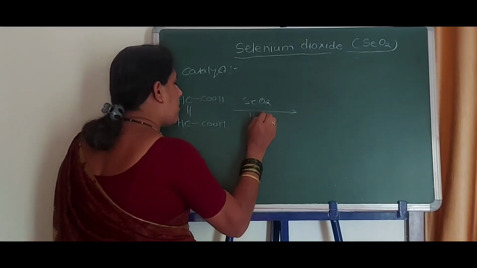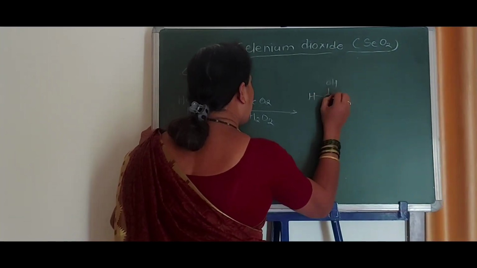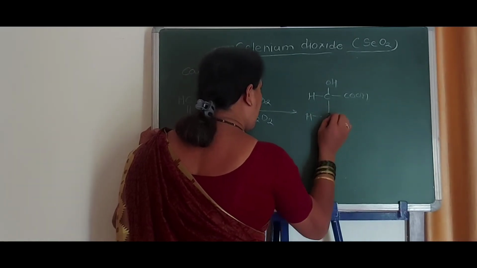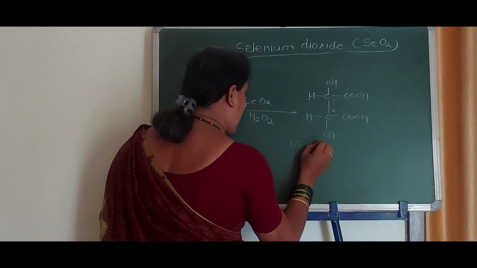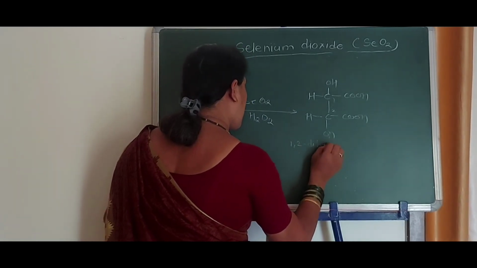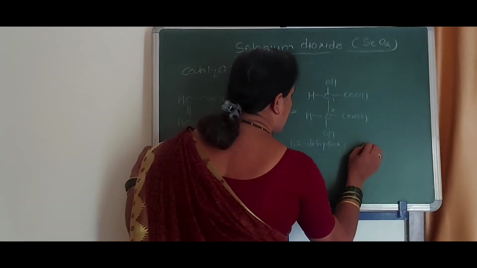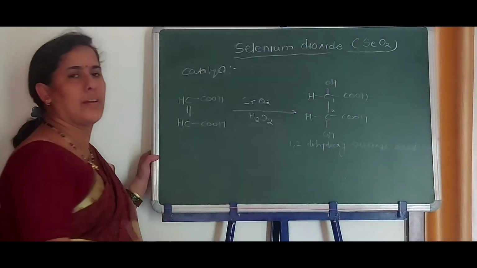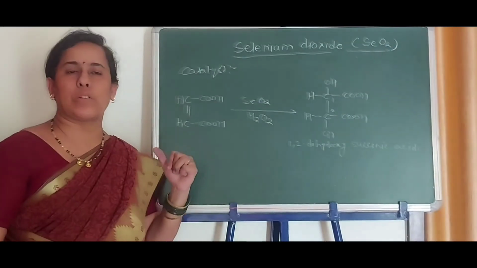In presence of hydrogen peroxide, it gives the formation of, this is 1, this is 2, 1,2 dihydroxy succinic acid. Thus, we have concluded this application of selenium dioxide.